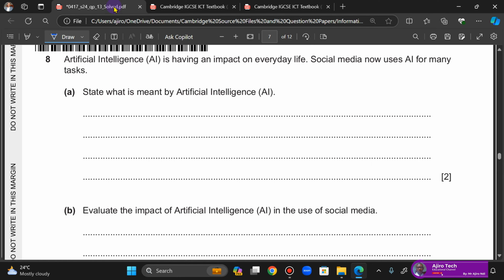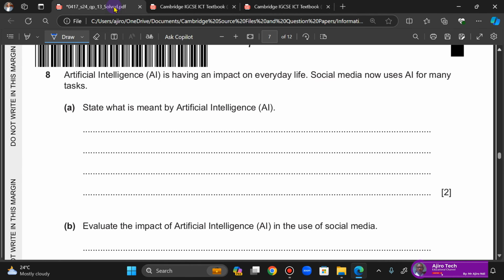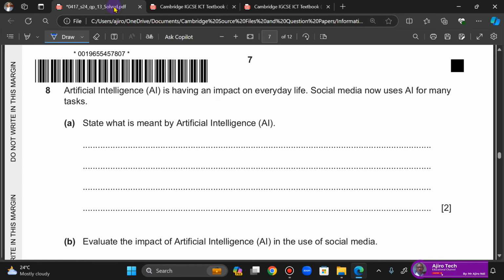Question 8. Artificial intelligence is having an impact on everyday life. Social media are now using AI for many tasks. State what is meant by artificial intelligence.